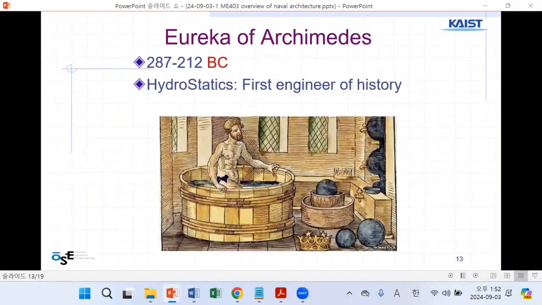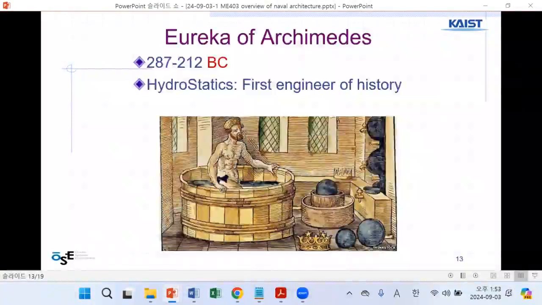Archimedes. Have you heard about Archimedes? Yes. No. Archimedes. No. My office is back over this building, downhill. The building name is Eureka.